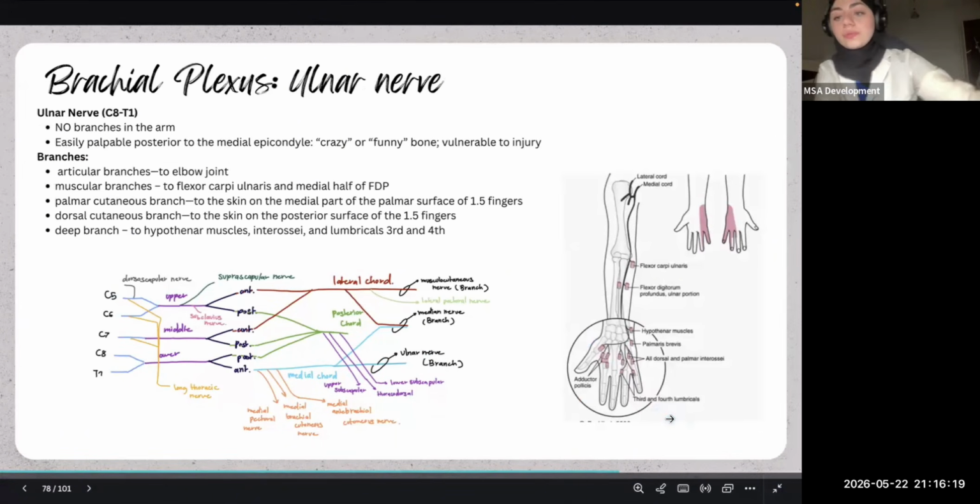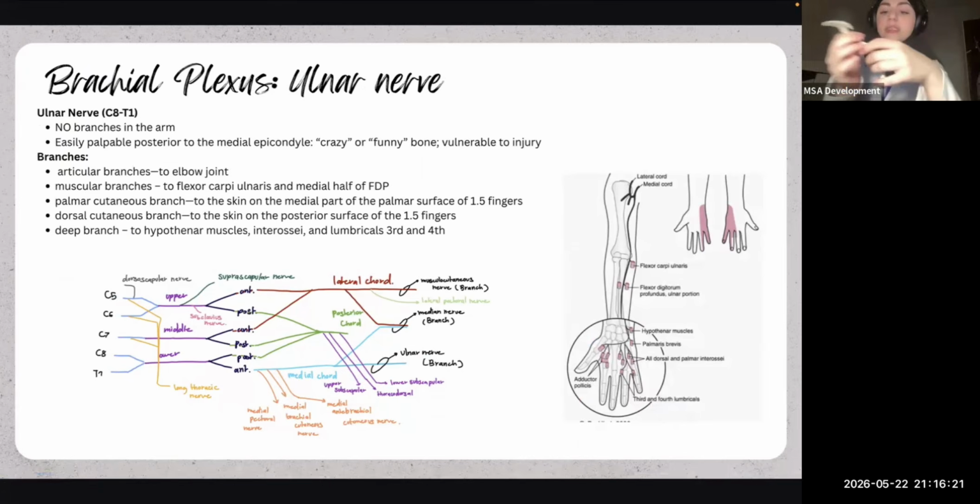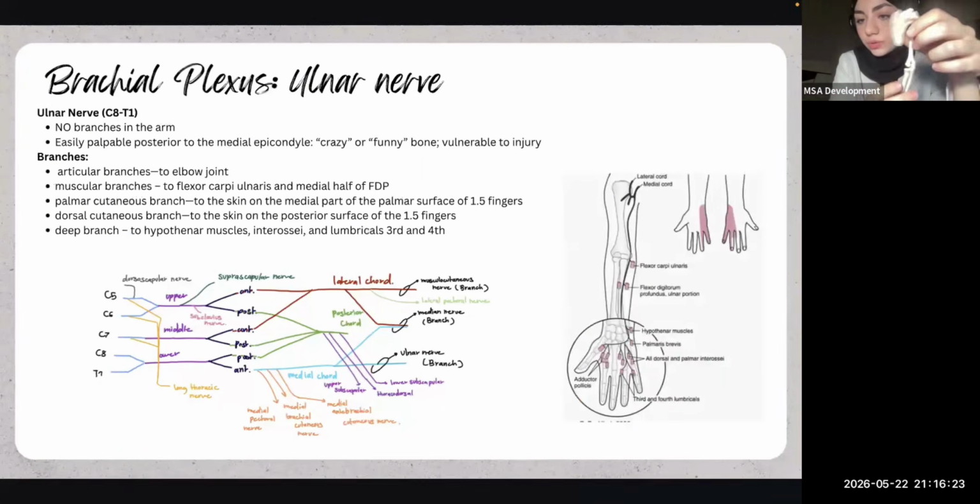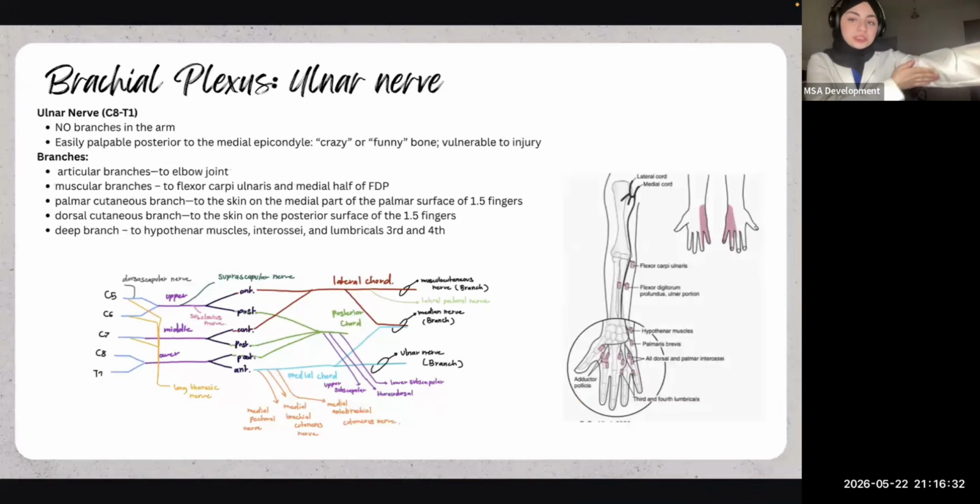Now, the ulnar nerve, what I really want to bring to you guys is back to the condyles. Recall how I told you at the distal humerus, what do I care about? I care about the condyles. So these right here. Now, I want you to palpate them, specifically your medial condyle, and I want you to palpate it very well. There's a groove right here.